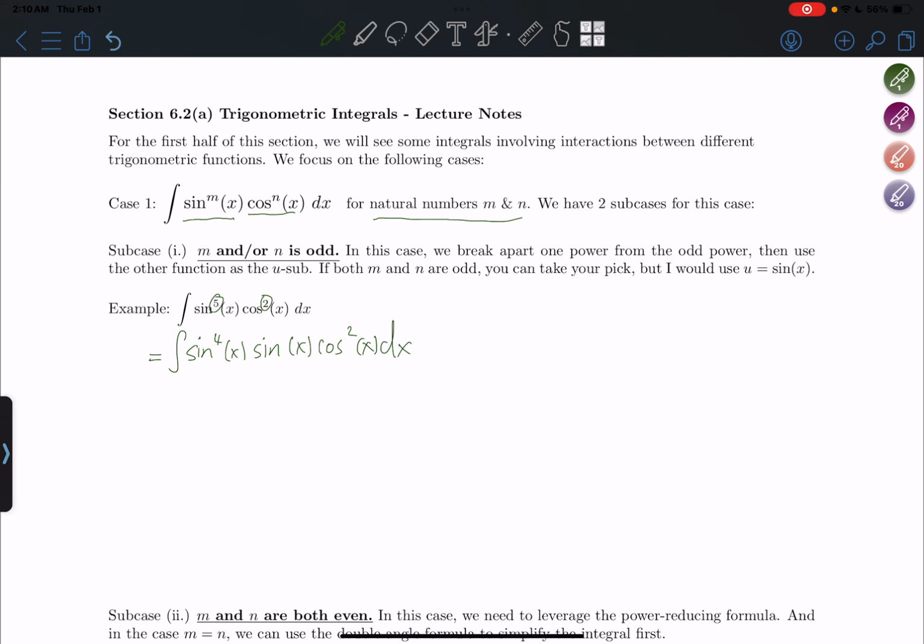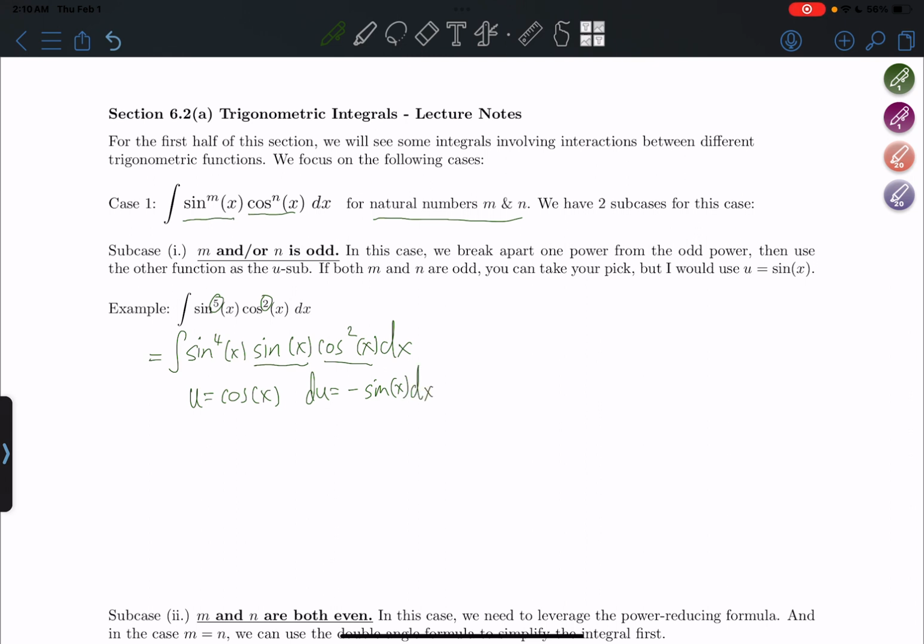After rewriting this way, according to the hint for the case here, I'm going to let the other one be u. I broke off a piece of sine, right? So I'm going to let cosine be u. So here, u equals cosine x, and if you take the derivative on both sides, then you get du equals negative sine x dx.